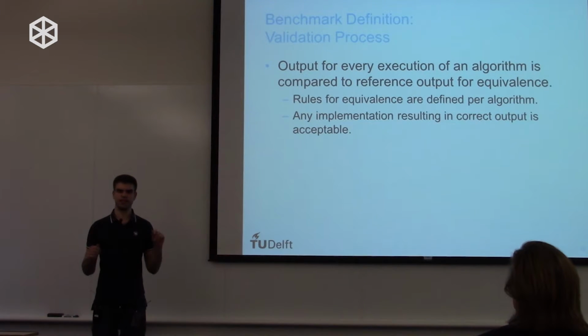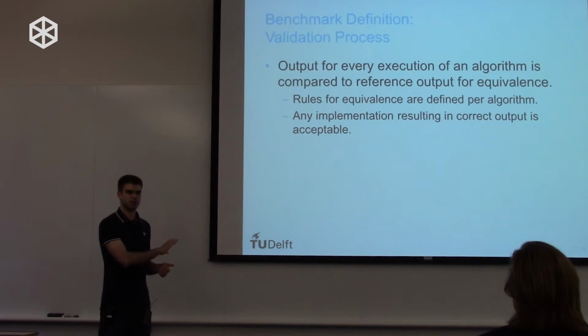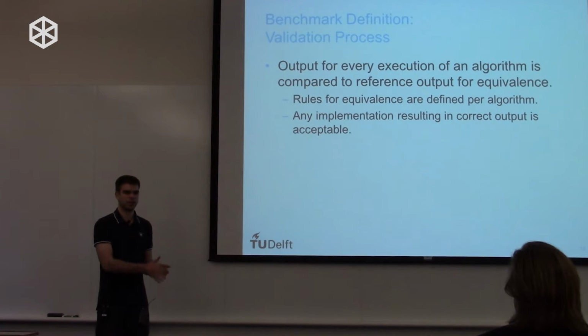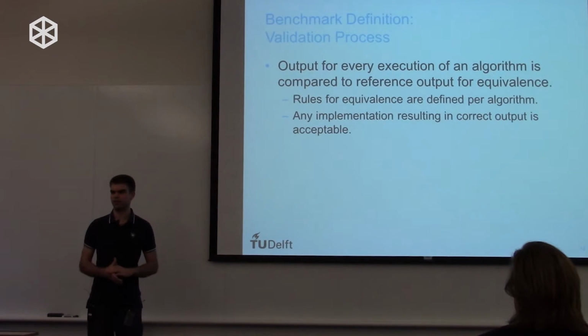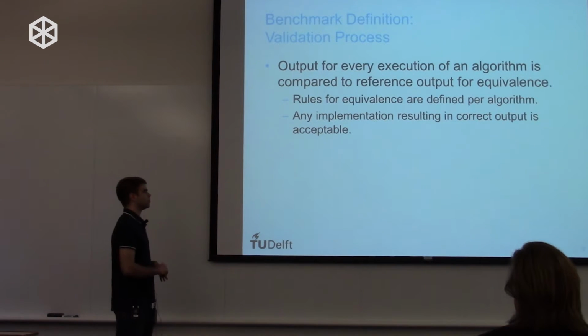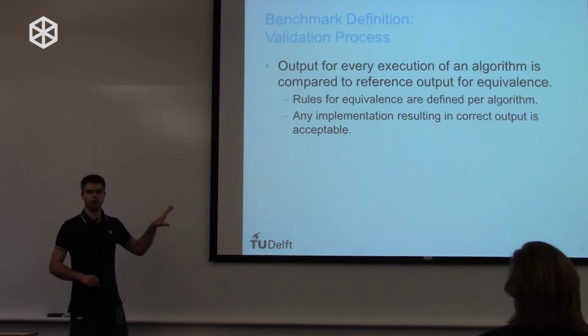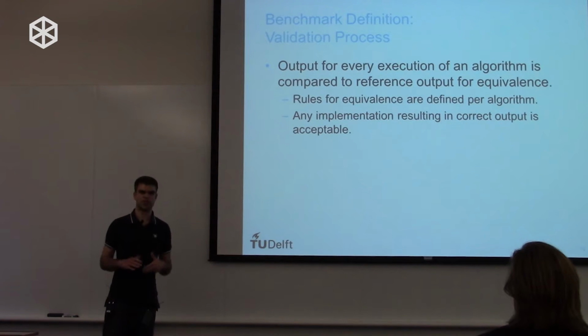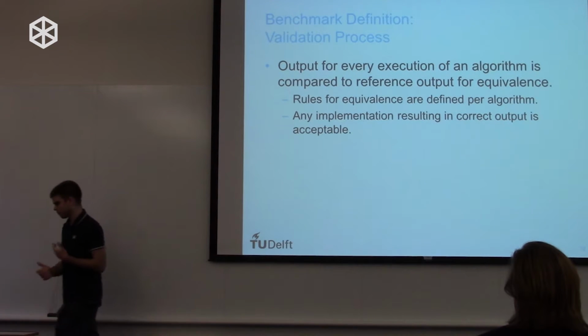So it doesn't need to be byte for byte the same as what we produce, but rather, for example, for weakly connected components, we require that all the vertices in the same component are given the same label. What that label is doesn't really matter as long as it's the same. So in that sense, we still allow room for different implementations as long as they solve the same problem, let's say.